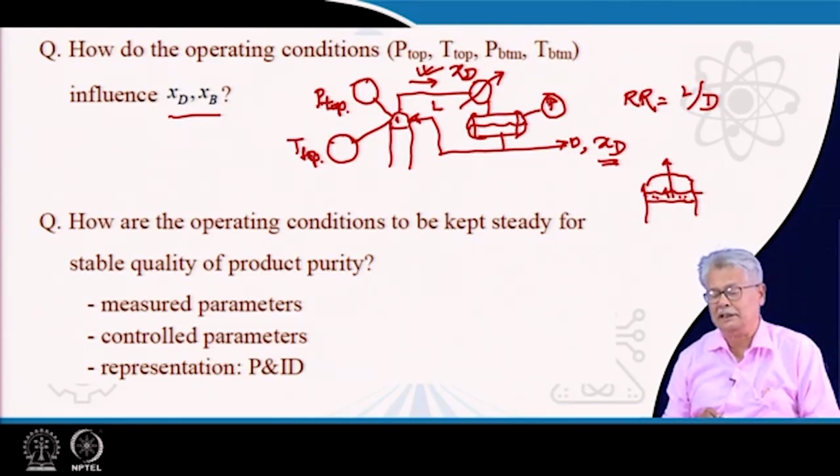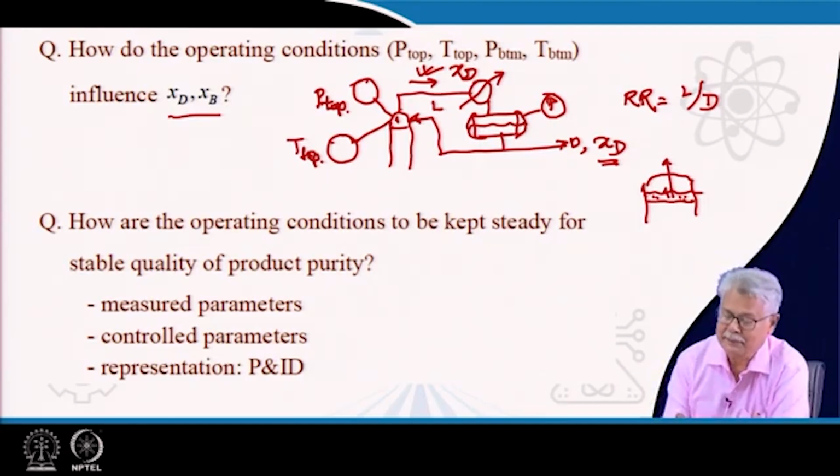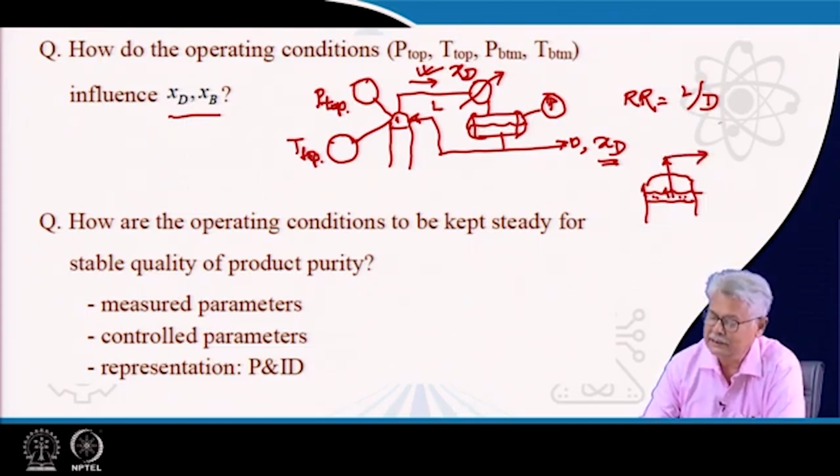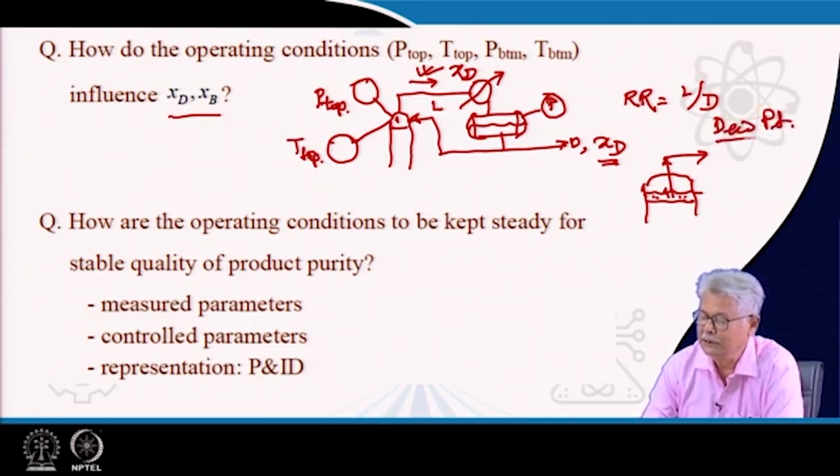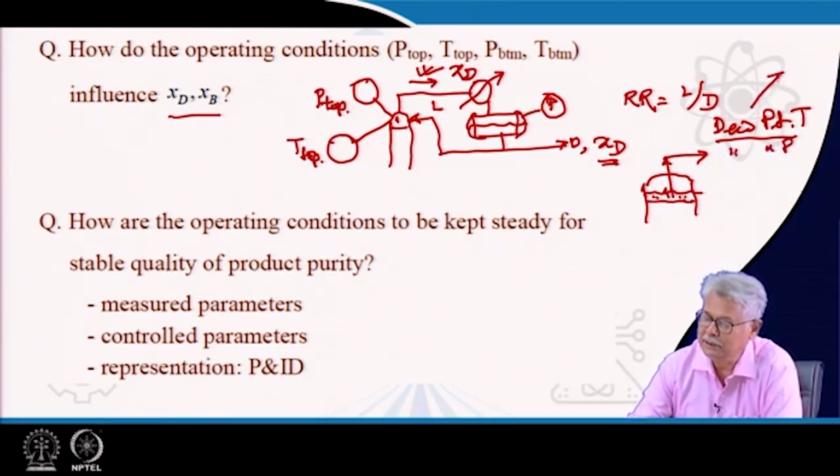So, quite naturally, this vapor is at its dew point. Now, whenever we say dew point temperature, there is a corresponding dew point pressure. The dew point temperature here is the temperature of the top, which is T top, and the dew point pressure here is P top.